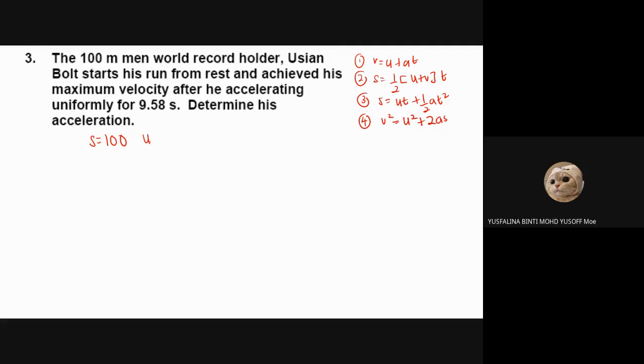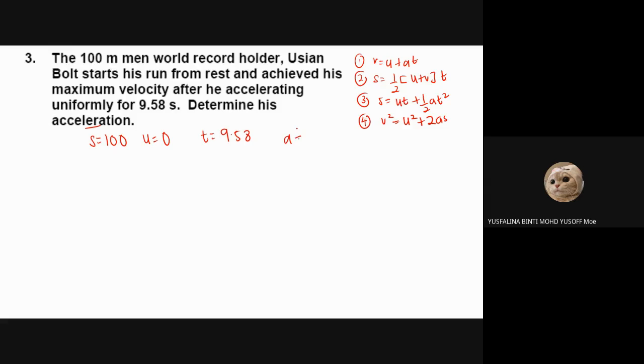So U is 0. The initial velocity is 0 because rest means not moving, right? And he achieves his maximum velocity after accelerating for 9.58 seconds. So T is 9.58. And then he asks you to find acceleration.